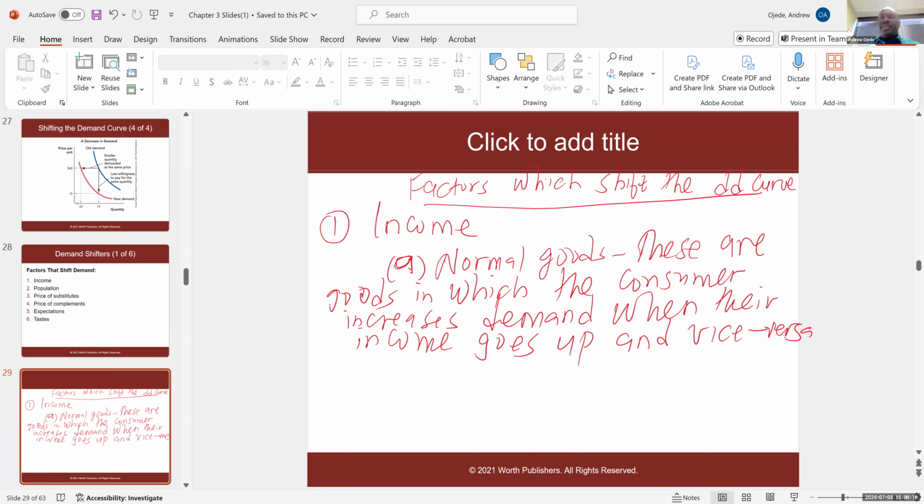Okay, so that means if the income of the consumer goes up, they buy more of the good. Vice versa means if the income of the consumer decreases, they're going to buy less.